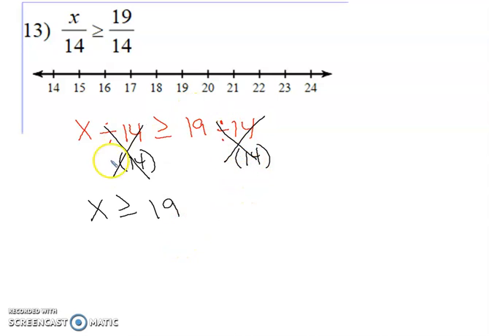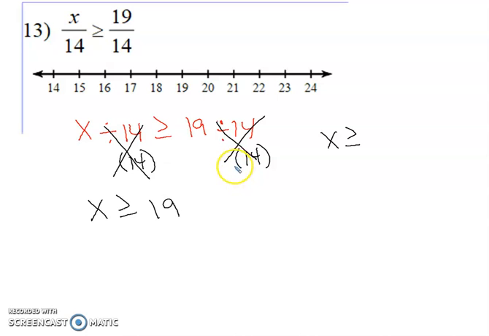Do not tell me this is x is greater than or equal to whatever 19 times 14 is. Every time I have people do that. If you do not know how to do it, do all the steps. 19 divided by 14 times 14. And it will give you the right answer every time. Write the steps.